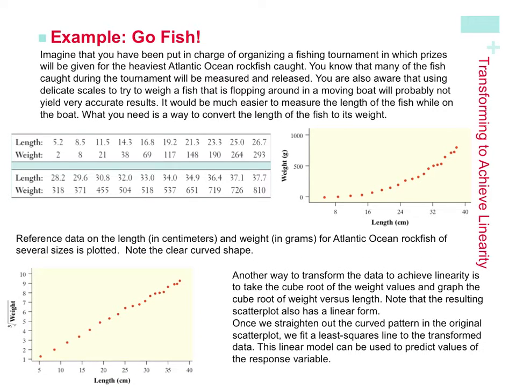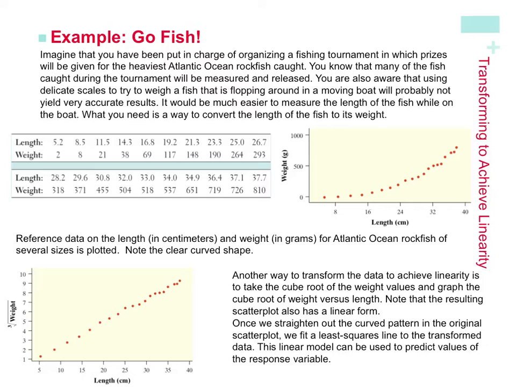So another way to transform the same data to achieve the linearity is to take the cube root of the weight values and graph the cube root of weight versus length. Note that the resulting scatter plot has also a linear form.